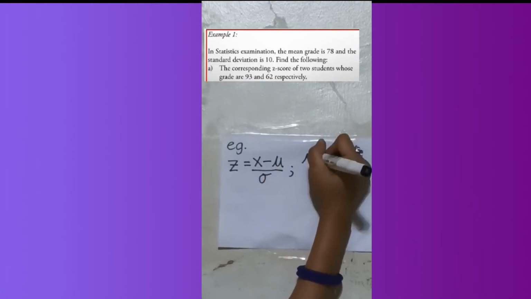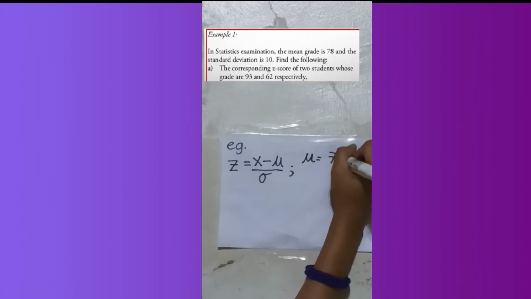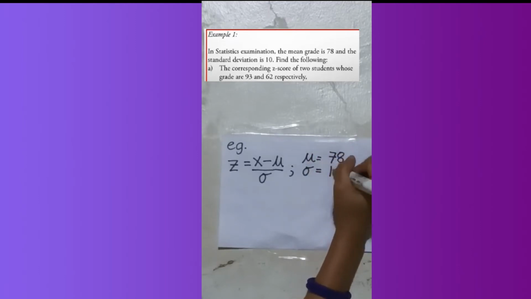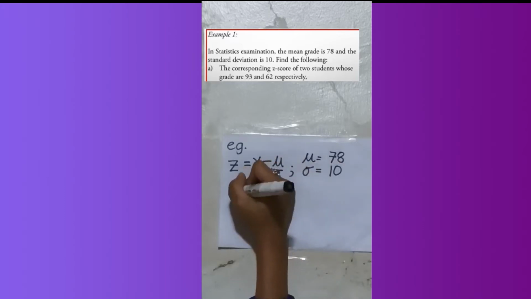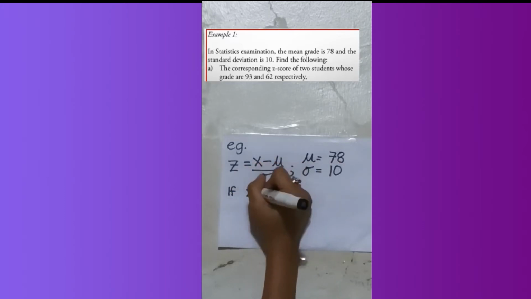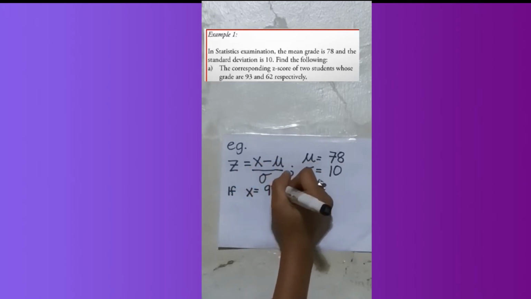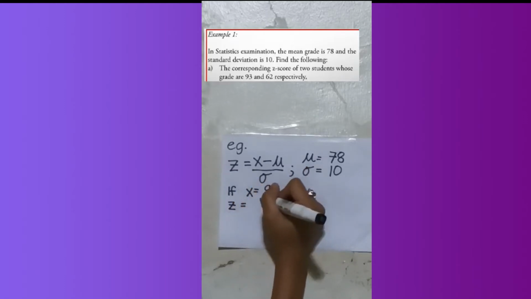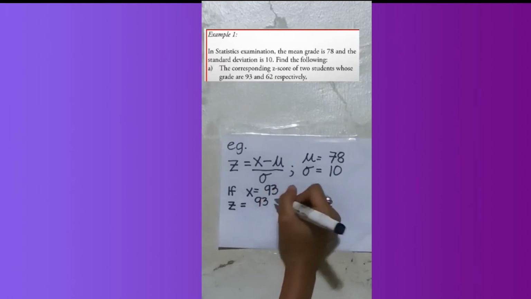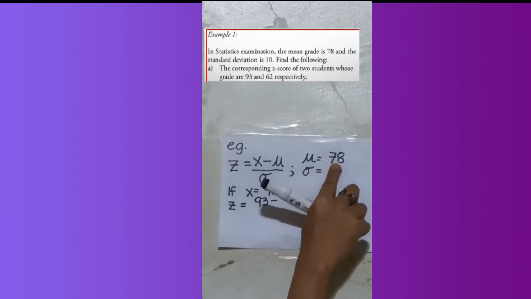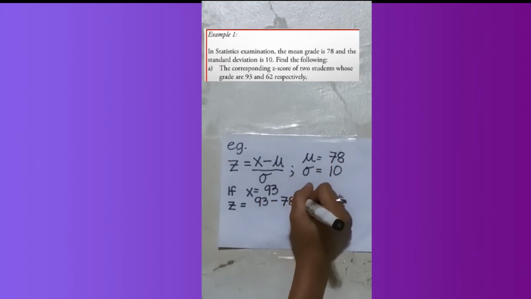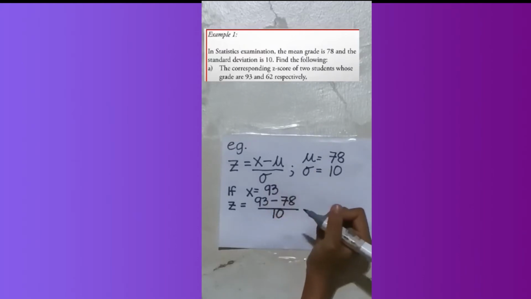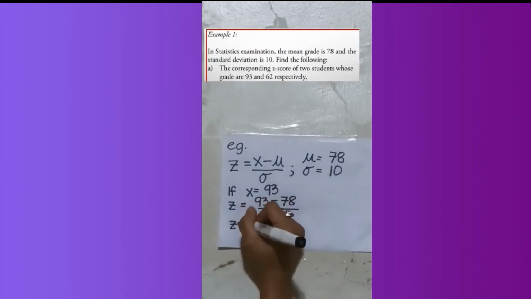If mu is equal to 78 and our sigma, or standard deviation, is 10, as you can see, we have two raw scores here, or x, which are 93 and 62, but we will only use 93. z equals 93 minus 78, we just substitute the values, divided by our sigma, which is 10.